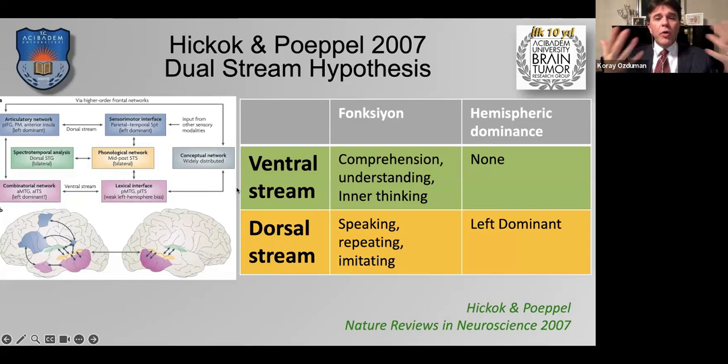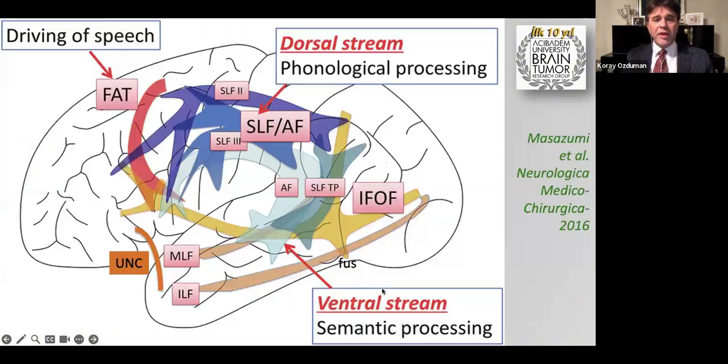Today, we know how the cortex is working and which parts of the cortex are taking part in this function, and what white matter connections are taking part in this function. Therefore, whenever we see a lesion or a tumor inside the brain as neurosurgeons, now we know how the speech, how the language might be affected by this, because we know what the cortical areas are and what their connections are, and how our tumor relates to those areas.